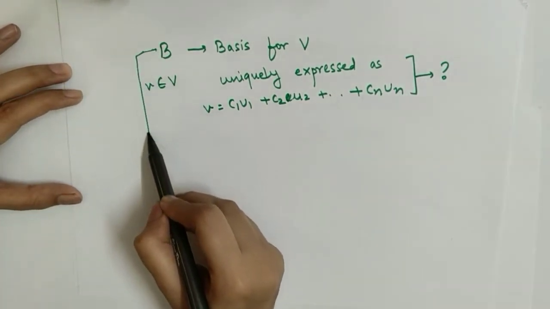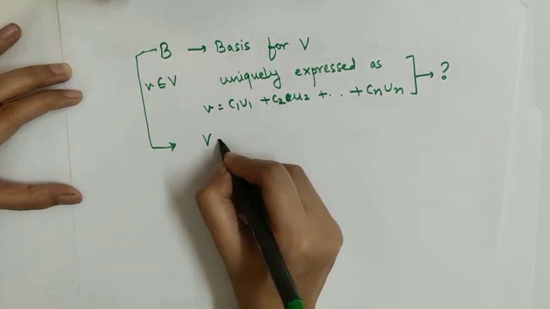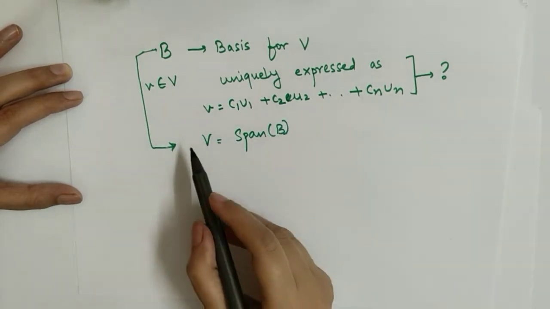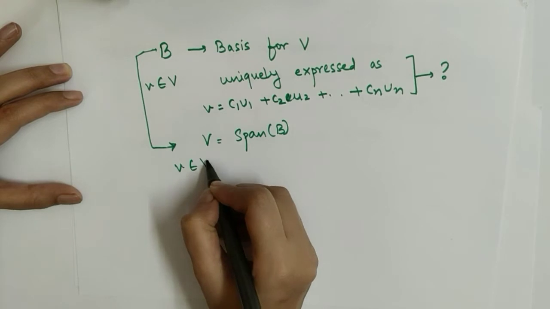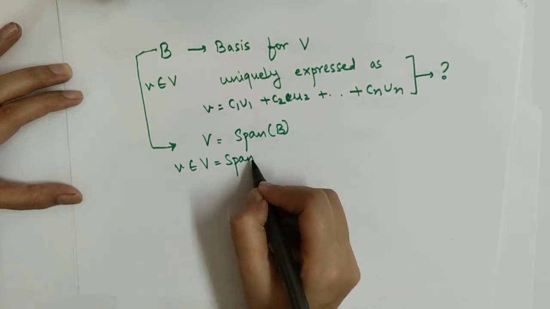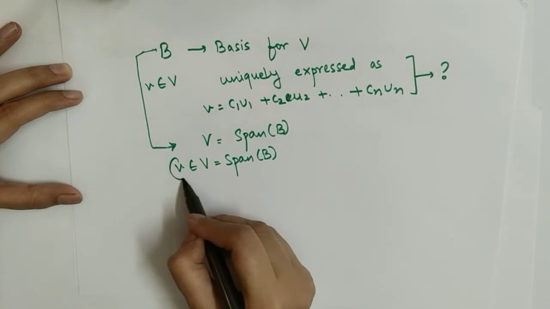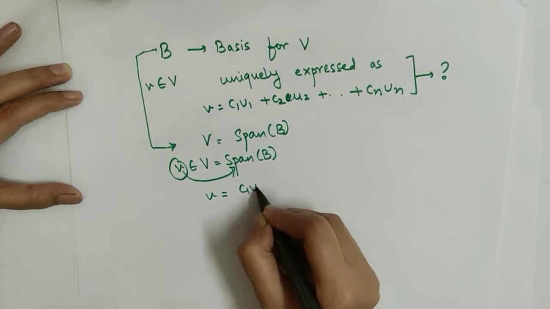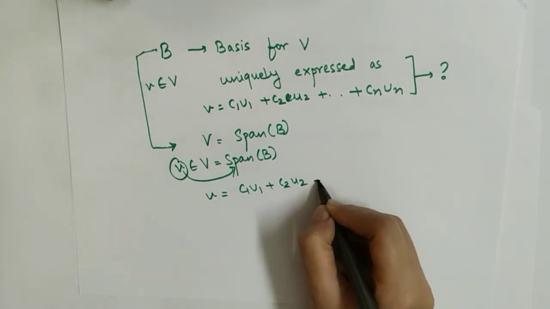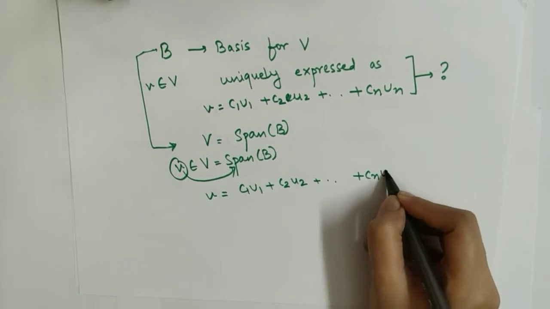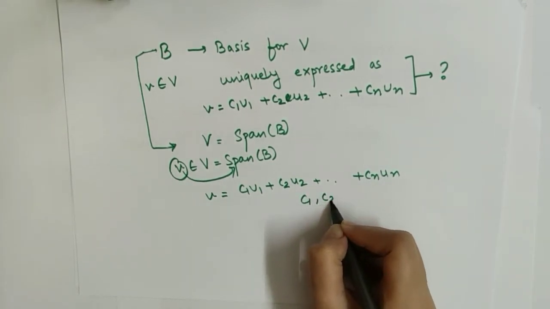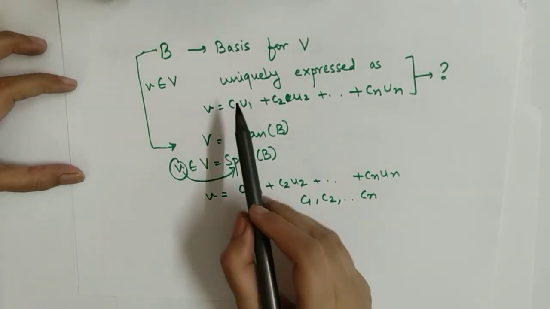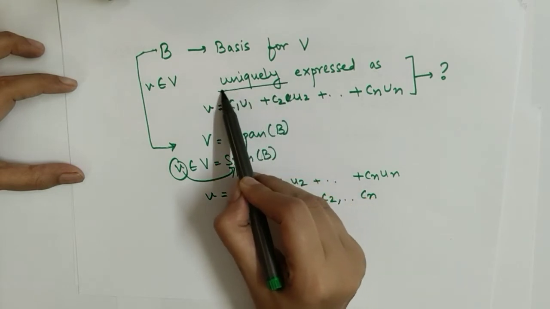Since B is a basis for V, V is equal to the span of B. So if I take v belonging to V, which is equal to the span of B, then v belongs to span B. That means v can be written as c1u1 plus c2u2 plus up to cnun for some scalars c1, c2, up to cn. The only thing left to show is that such a representation is unique.